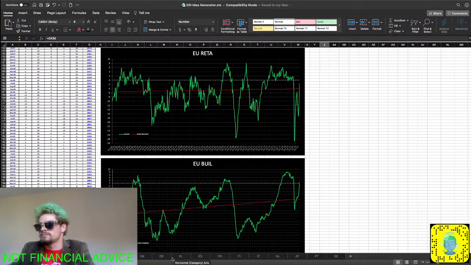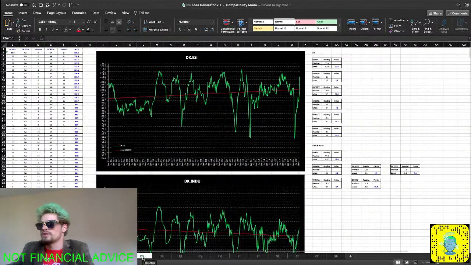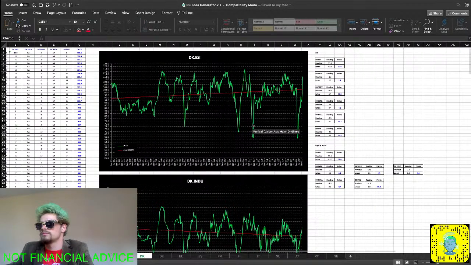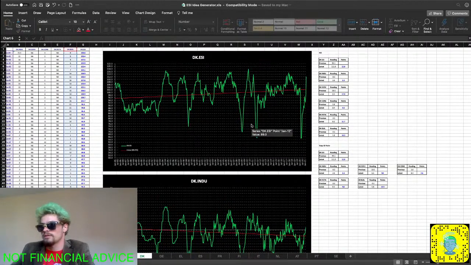Now, I will not only do this for the European Union, but also for the individual countries in Europe. That way I can compare them together and also compare them to the European Union as a composite. Because like I've told you in previous videos, our goal is really not to just do as well as the market.